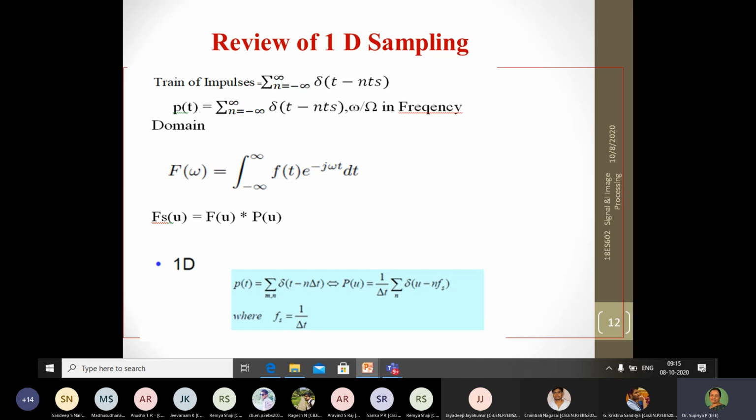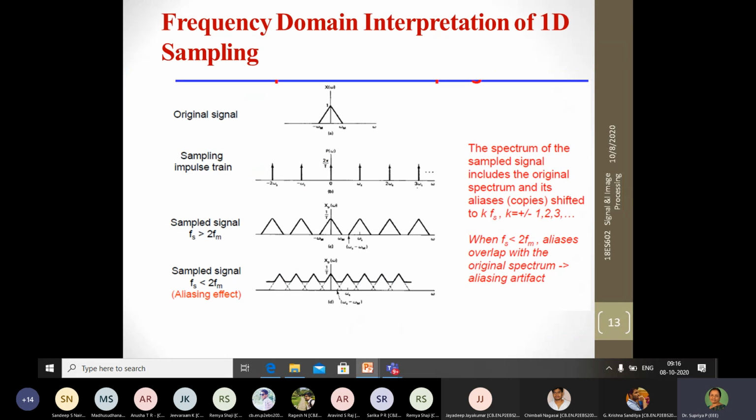So what should have been written here would have been fs into summation n delta u minus n omega s. If you recall in the previous slide, it was represented as omega naught into delta omega minus k omega naught. The same thing has come back here, only instead of the angular frequency, the sampling frequency has been used. This is basically the frequency domain interpretation of sampling.